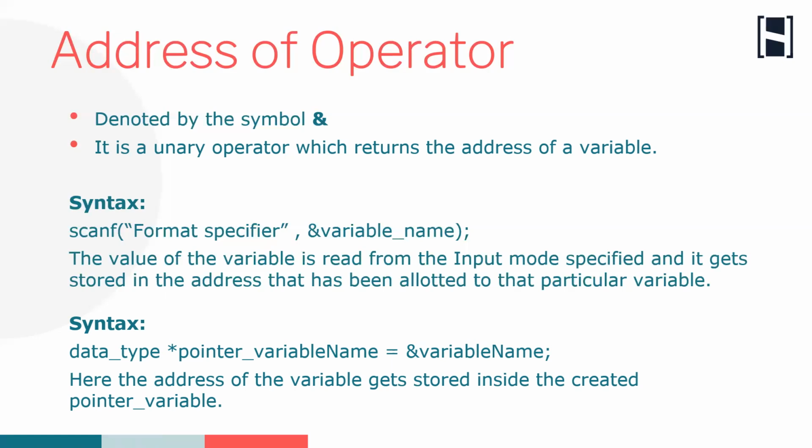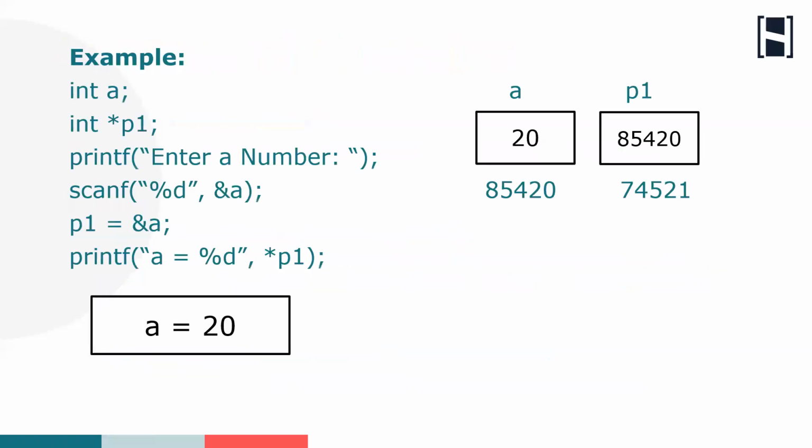Now, both the value of operator and the ampersand operator, let us try to understand with a small example. Have a look at this. I have just created a variable called a. As soon as we create a variable a, an address will be allocated for that a. I'm assuming 85420 is the memory address allocated for this variable a. Then I am saying int star p1.